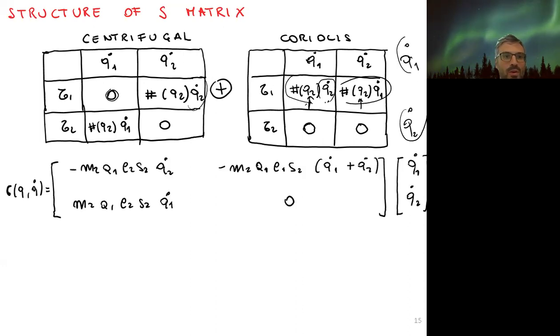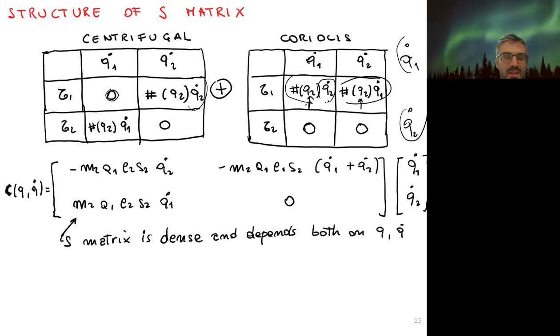And if you want to compute the Coriolis for this robot, you get these values. So you see that in essence, this matrix is dense, is not diagonal, and is dependent on what? Both on the position of q2, but also on the velocity of q1 and q2. So it's dependent on q and q dot.